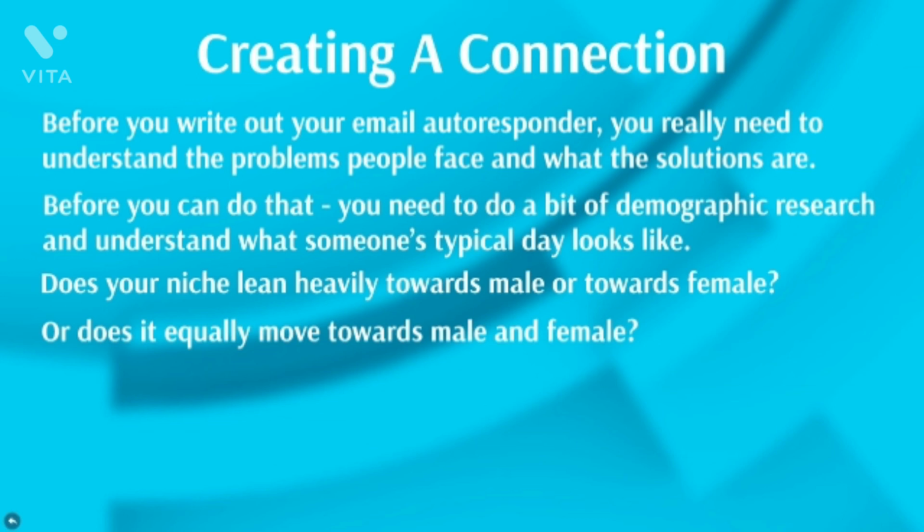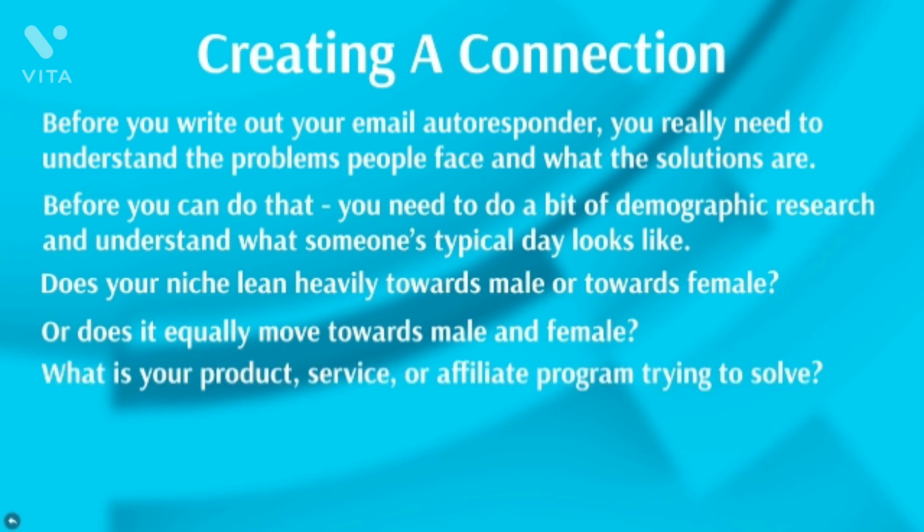But even at 75%, you're moving towards that 50% where it's both male and female. But if it's heavily towards males or females, 80% or 90% or above, then you want to jot that down. The next question is, what is your product or service or affiliate program trying to solve?